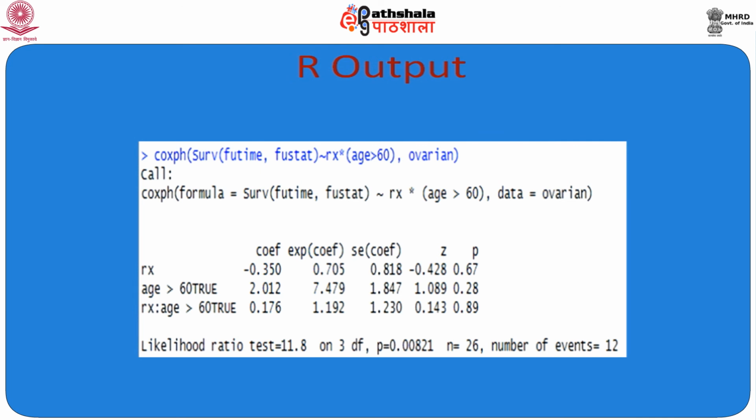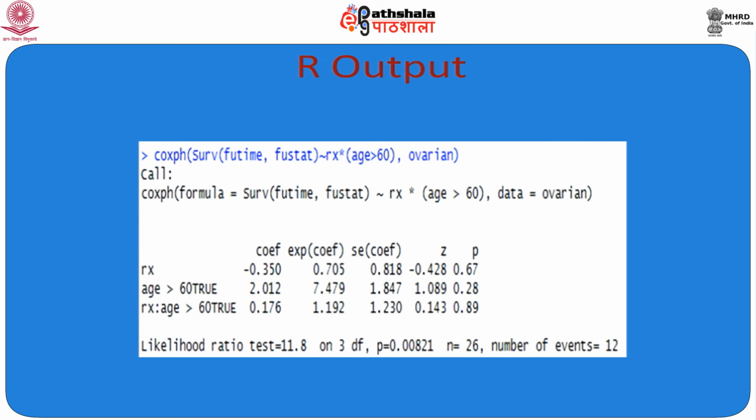The interaction value between Rx2 and age, for patients with Rx2 and age more than 60 years, comes with 0.017 with odds of 1.19.